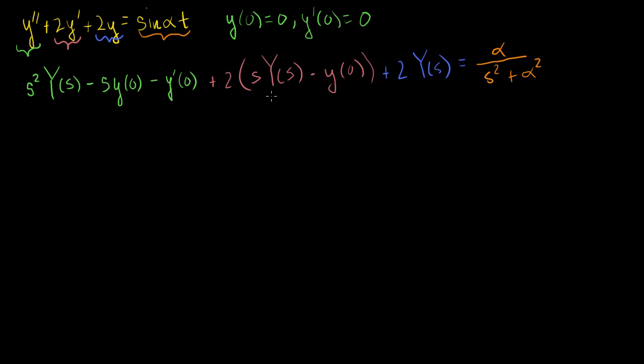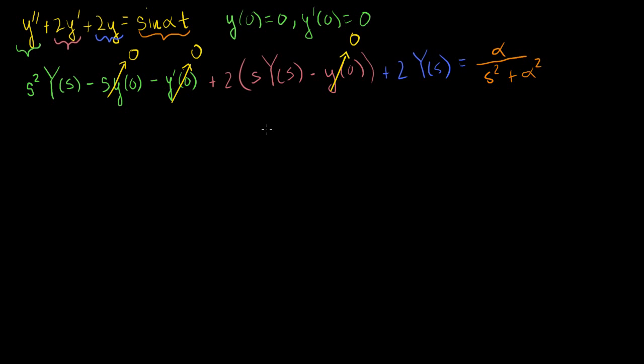Now the next thing we want to do is separate out the Laplace transform of y terms, the Y of s terms. Actually, even better, let's get rid of these initial conditions. Y of 0 and y prime of 0 are 0, so those terms are 0.